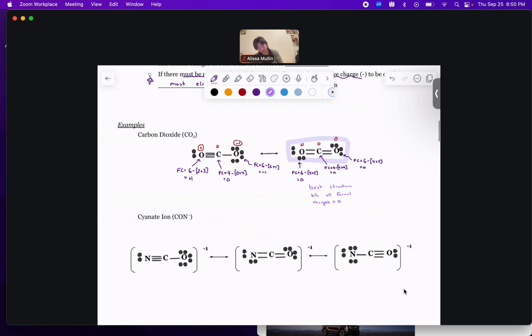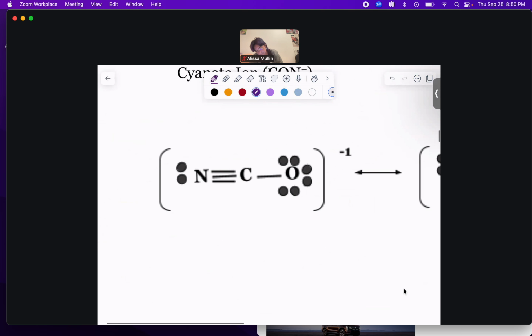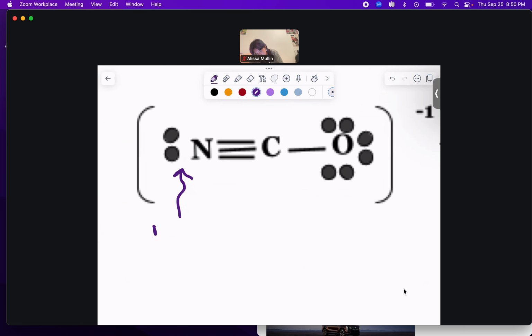I have this weird little ion I've drawn for you. Formal charge for each one is what you need to go through and do. Maybe I'll do this one for you guys. So again, starting valence, which is 5 for nitrogen, minus the 2 dots and the 3 lines it has.